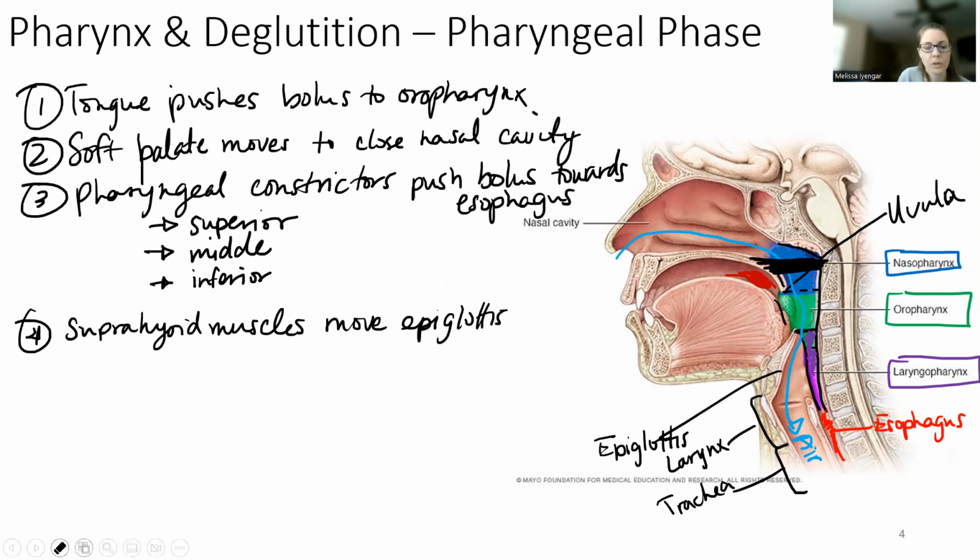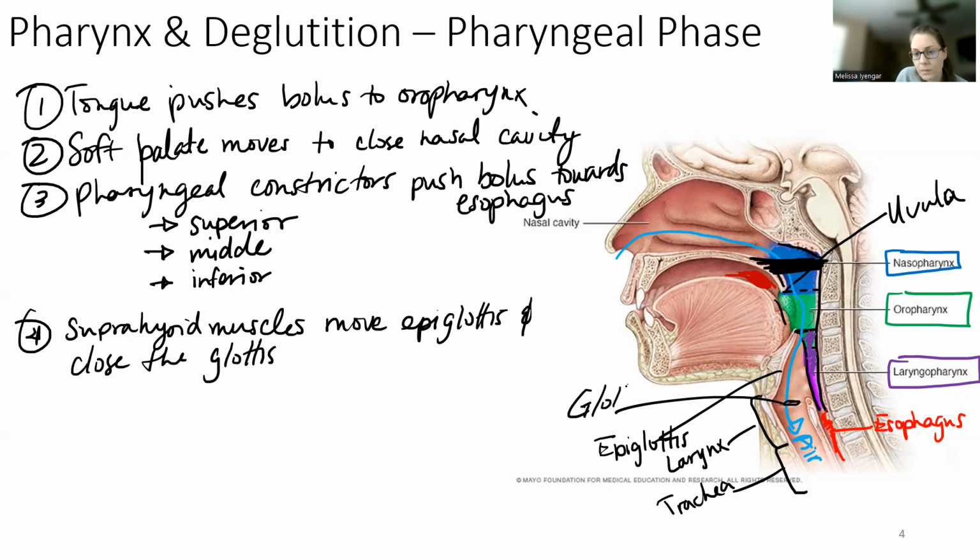So I'm going to say they help move the epiglottis and close the glottis. If you don't remember, this little slit right here, that's the opening, that's the glottis. Okay. And in this case, the bolus basically moves into the esophagus.